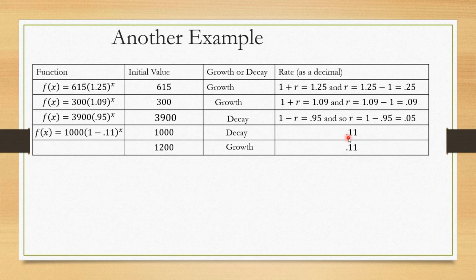We have our rate, and it's decaying, so we have to have minus. Below, the initial value is 1,200. We have the same rate, though. Growth is addition, as you can see. Growth is addition. Okay? Good.